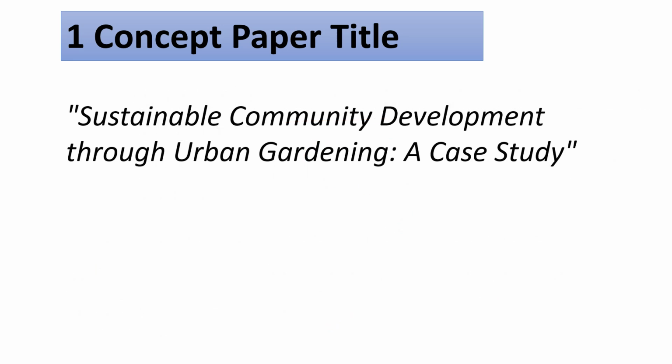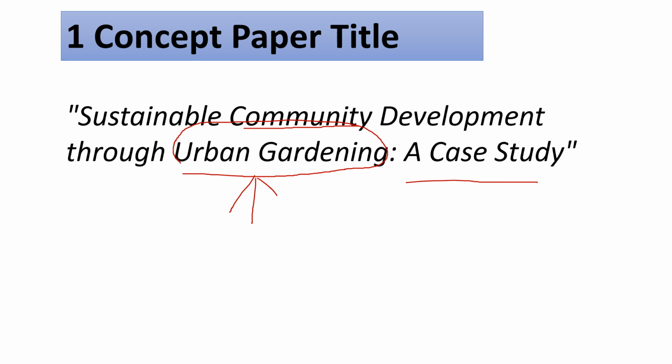Okay, another example, sustainable community development. That's your proposal, community development. How? And that is urban gardening. As you can see in your title itself, you can already identify what you are proposing, and that is urban gardening. But of course, it's just a case study first.